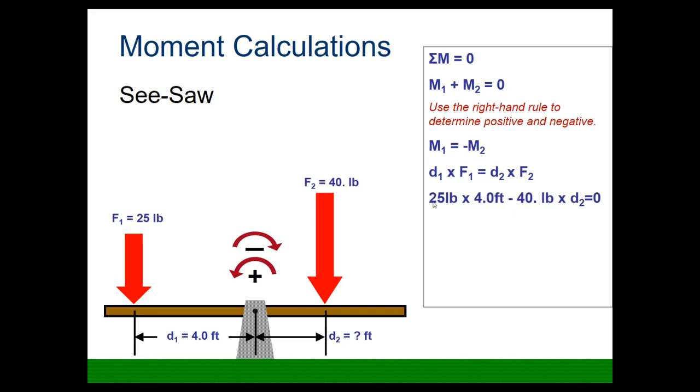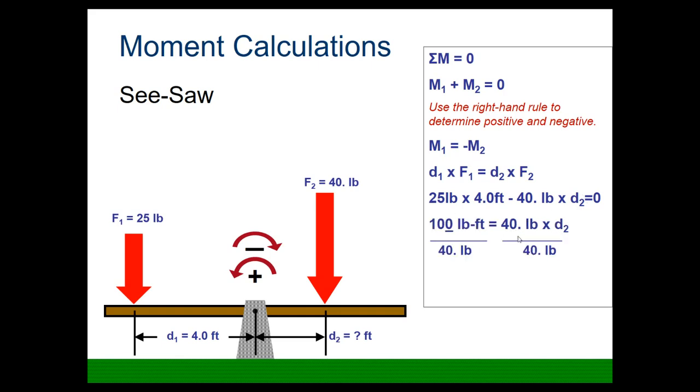So I'll get 25 times 4 is 100. And then for some reason, they switch back up to this format up here where they're adding them together. That's fine, but I don't know why they do it this way and then switch it. But realistically, what we're saying is 25 times 4 is going to equal 40 times d2.